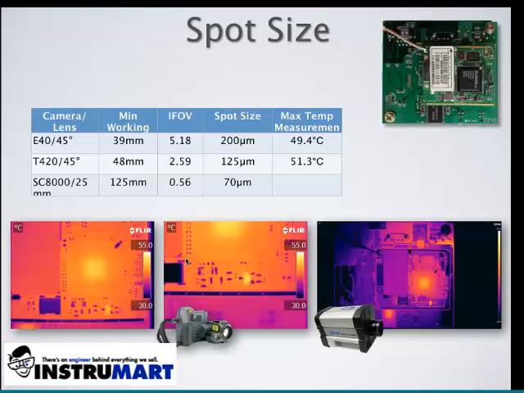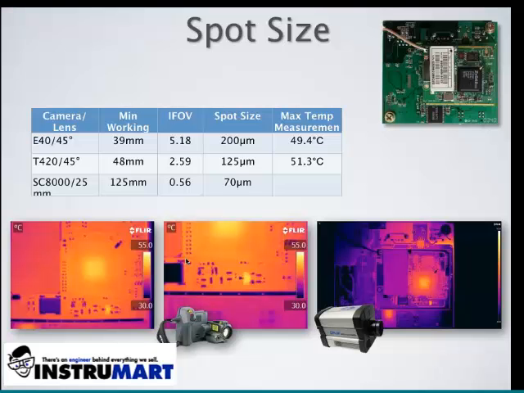My instantaneous fields of view stayed the same as they were in the previous exercises. My spot sizes, though, changed dramatically because remember, my spot size depends upon the instantaneous field of view and also the minimum working distance. And my maximum temperatures, as you can see, have gone up as I've decreased that distance to target.